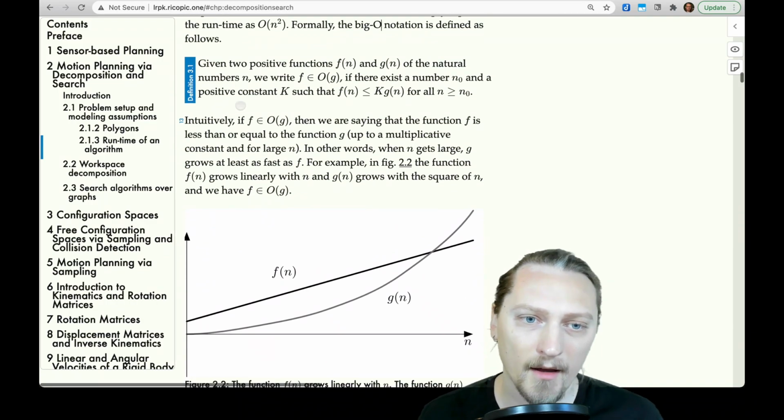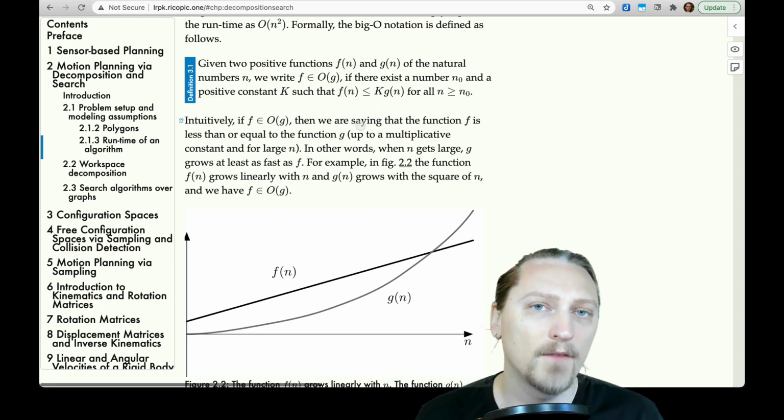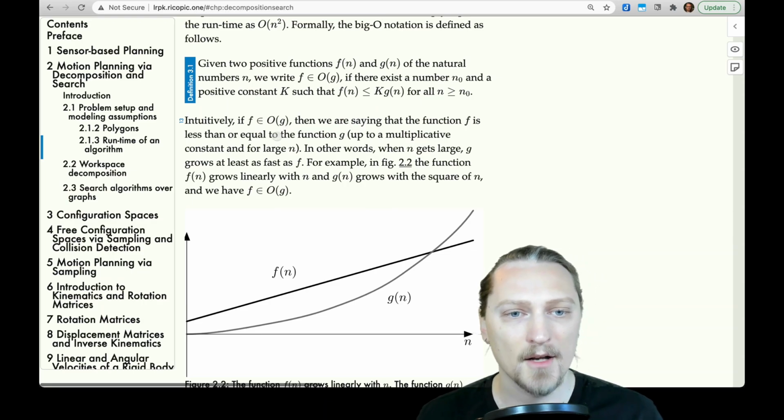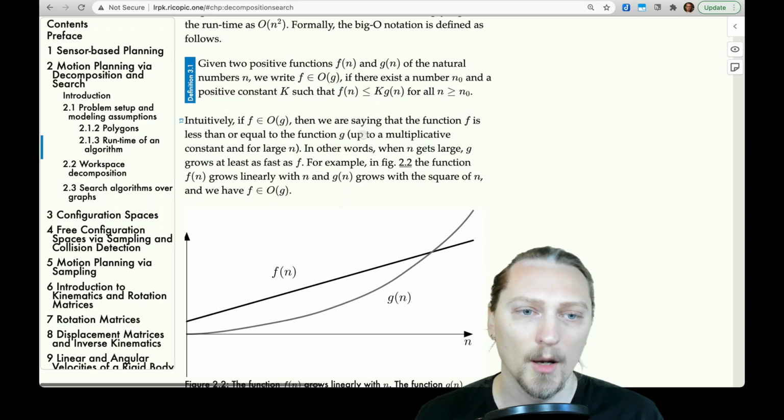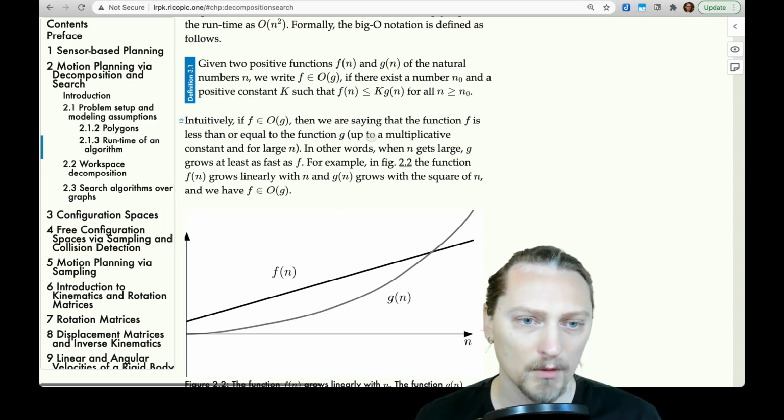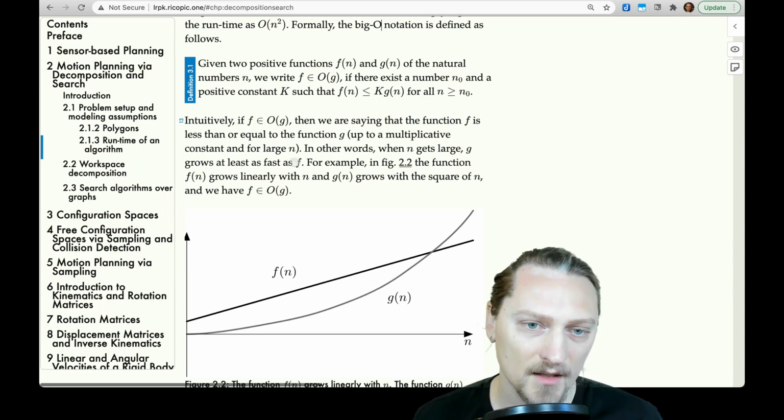Intuitively, if f is an element of O of g, then we are saying that the function f is less than or equal to the function g up to a multiplicative constant and for large n. In other words, when n gets large, g grows at least as fast as f.